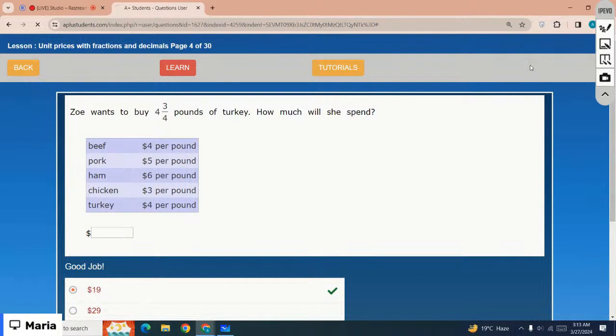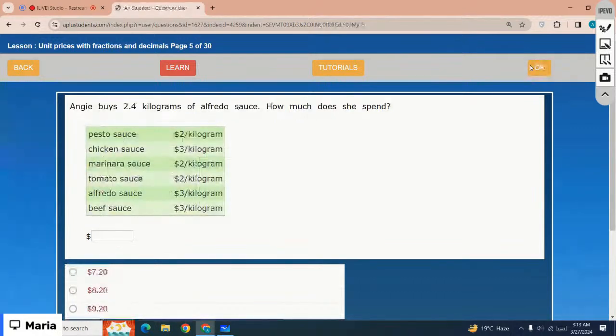Think logically. The next one is: Ng buys 2.4 kilograms of Alfredo sauce. How much does she spend? Alfredo sauce is $3 per kg. So which is the correct option?